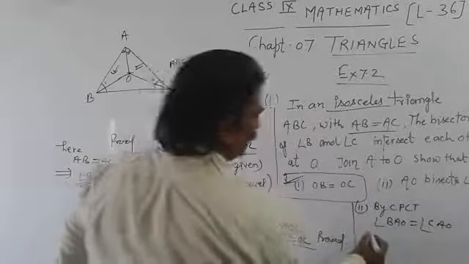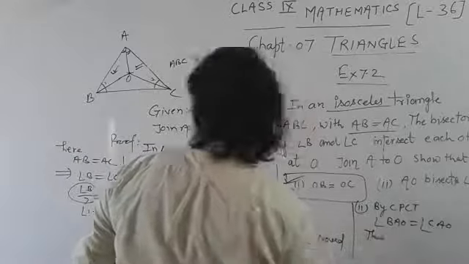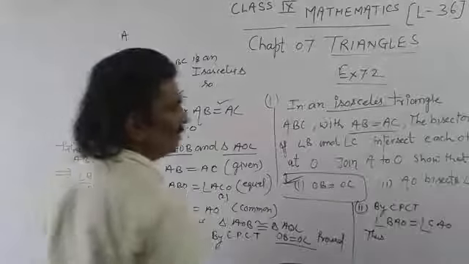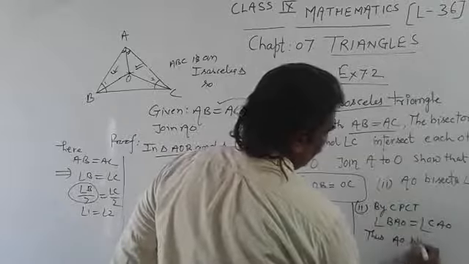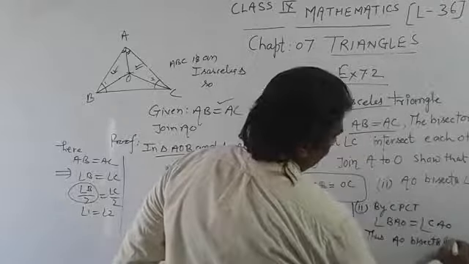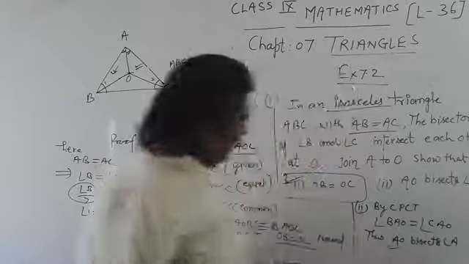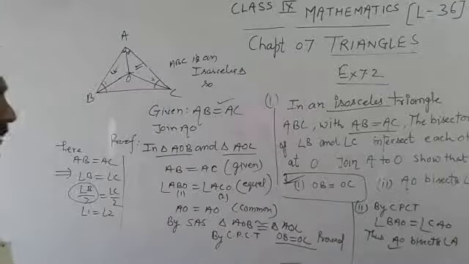Thus we can say AO line bisects angle A. Thus AO bisects angle A.